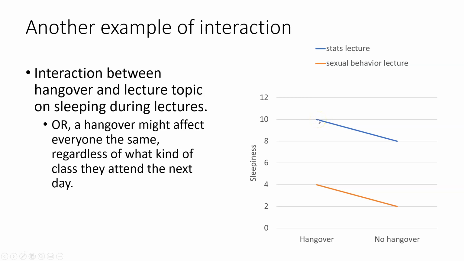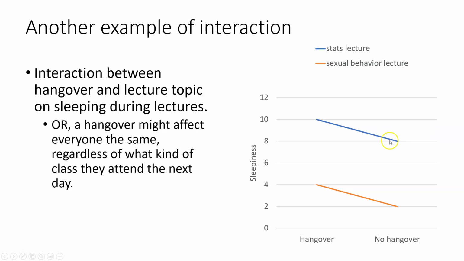But when we're looking at the impact of a main effect, what we're asking is, if we ignore, for instance, whether people have a hangover or not, whether they feel sleepy in a stats lecture versus a sexual behavior lecture. And if you take the average of 4 and 2, the middle of that is right here. It's 3. That's the average of sexual behavior sleepiness, regardless of whether they have a hangover.